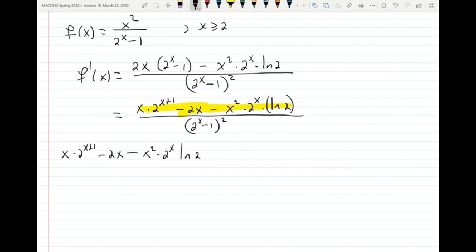I'm going to factor out x times 2 to the x, and let's see how this helps me. So I'm going to have the 2 here, then a 2 over 2 to the x, and then minus x ln of 2.